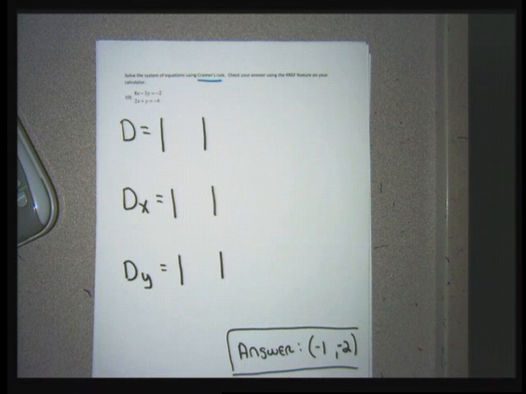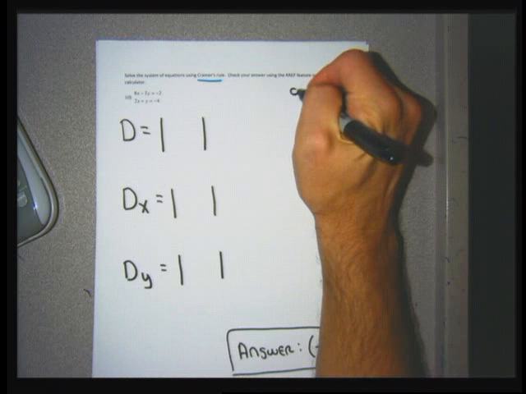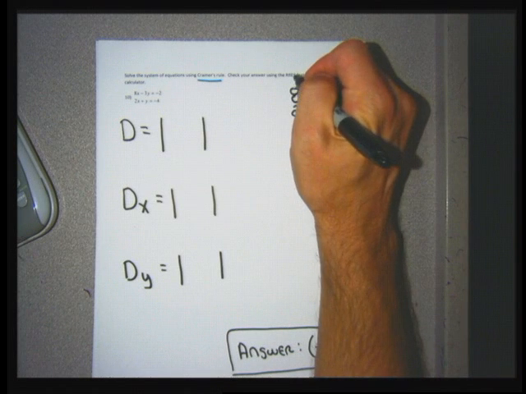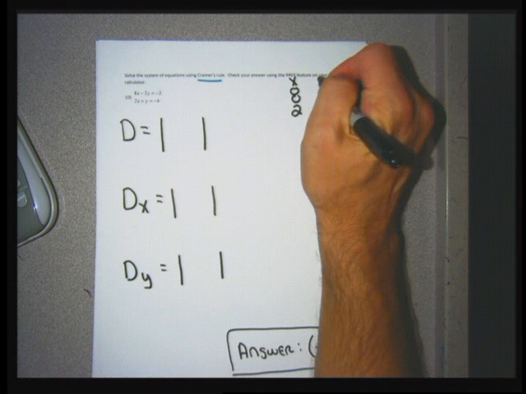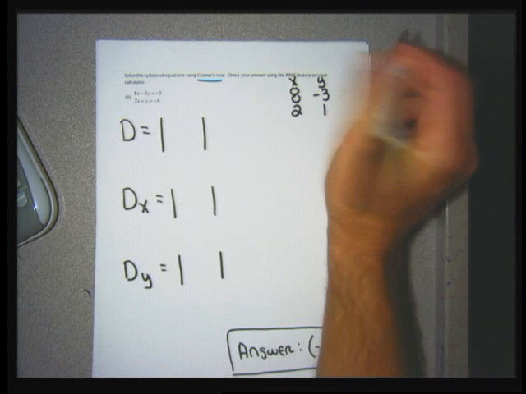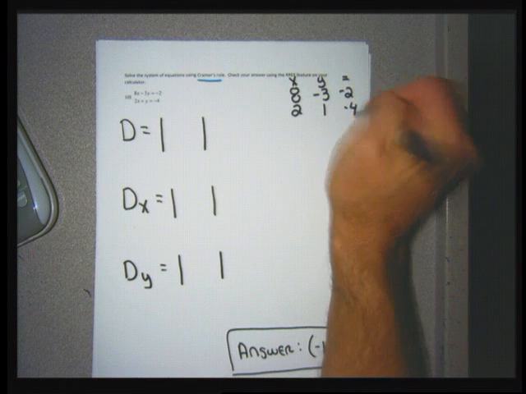set up the determinants. And I set up the determinants by looking at my initial columns. I have 3 columns. I have an x column that has the numbers 8 and 2 in front of the x's. I have a y column which has the numbers -3 and 1 in front of the y's. And I have an equals column which has the numbers -2 and -4.